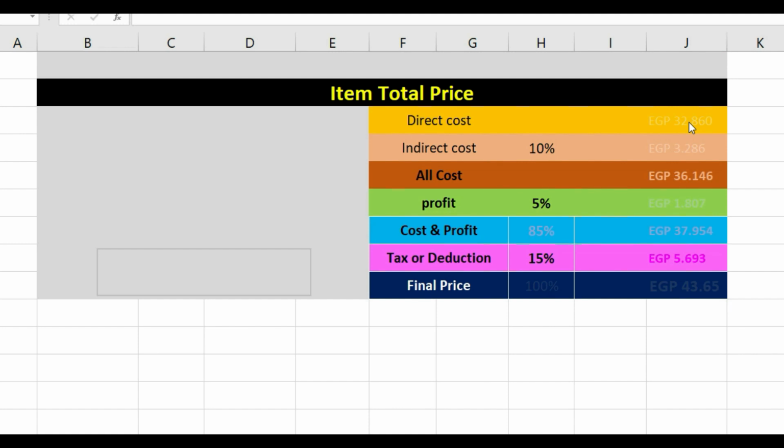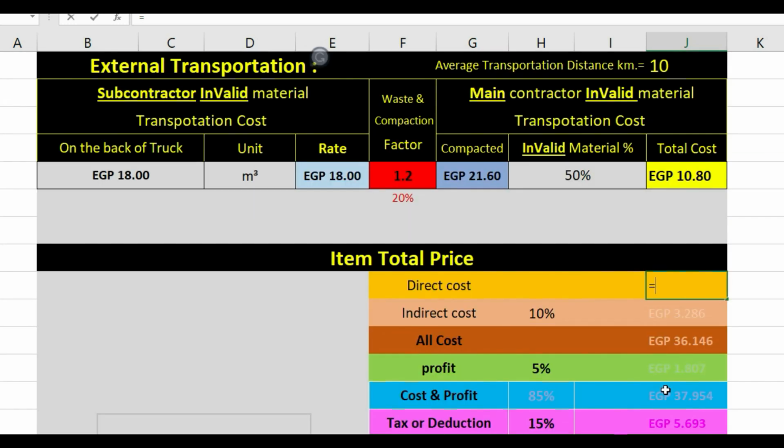Let's start to finalize the item total price. Here is the direct cost. Direct cost equal all the cost of sub items. Equal what?